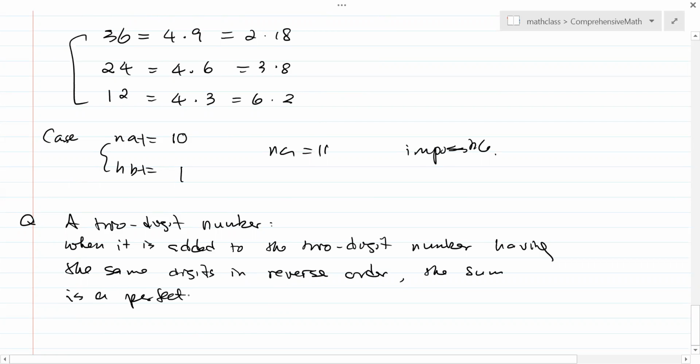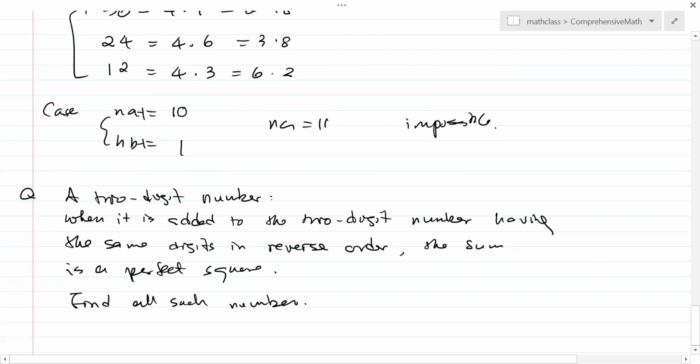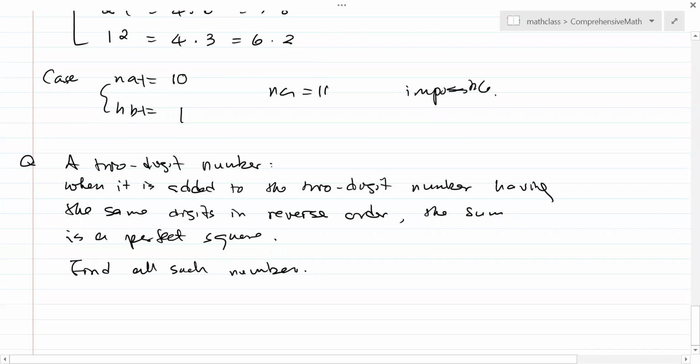Clear? Okay. Find all such numbers. Two-digit numbers. We are looking for those 2-digit numbers that have this property.